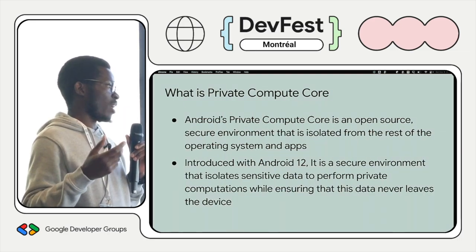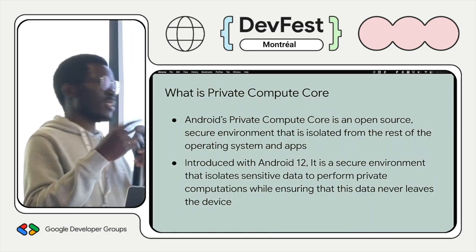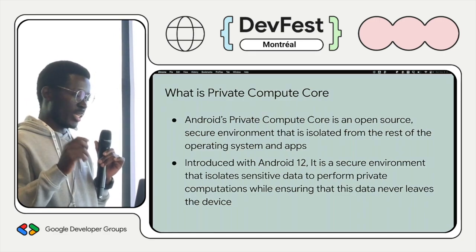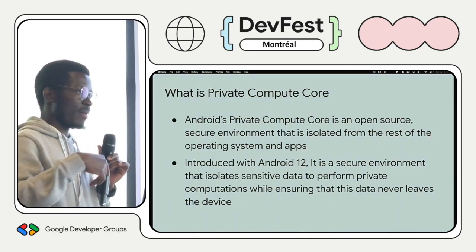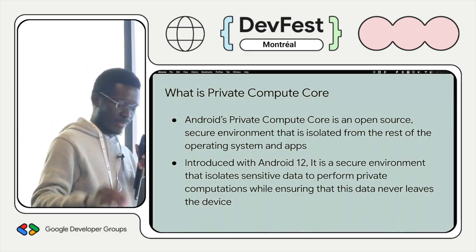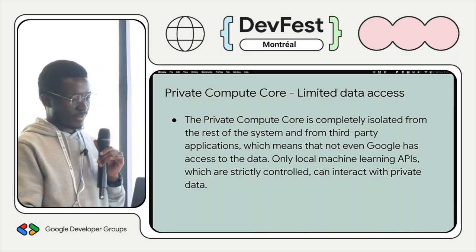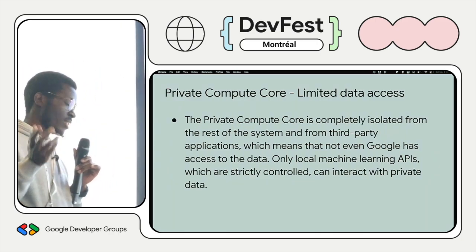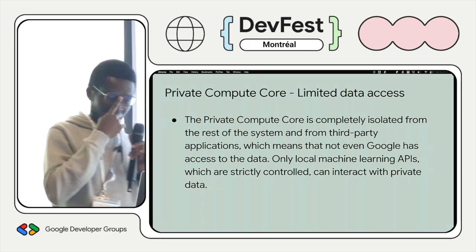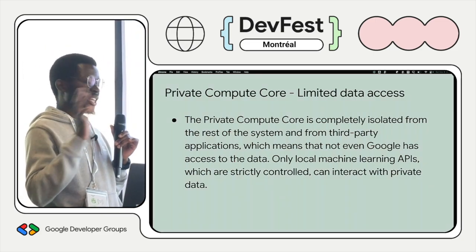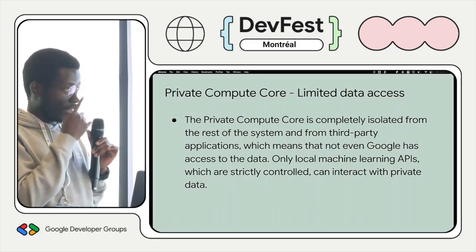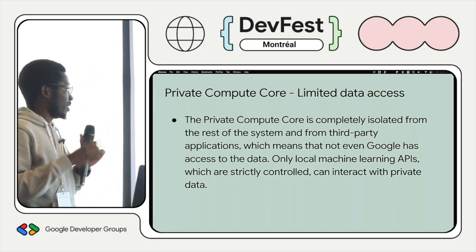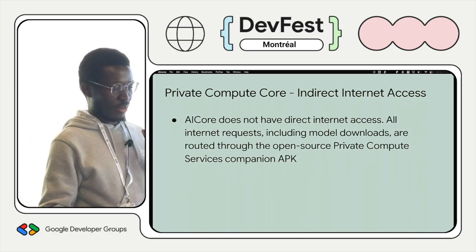Just to have an idea about how the data can transit from one place to another, for example, when we need to update the model by downloading it from the online services. Like I have said, it's completely isolated from the rest of the system. Only some machine learning APIs can have access to the data, and even Google doesn't have access to the data that is processed offline.